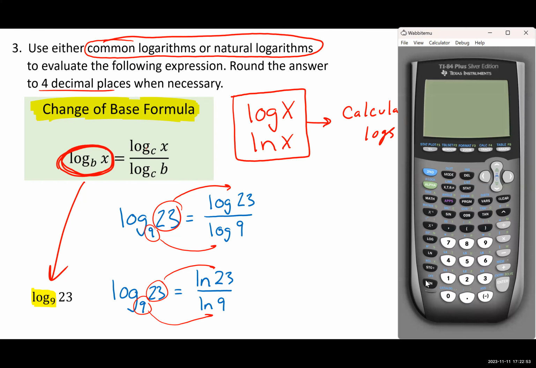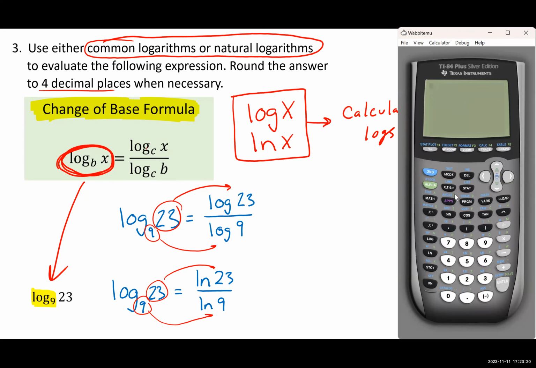So let's see. The log of 23 is about 1.361 something. Well, the natural log of 23 is a completely different number.